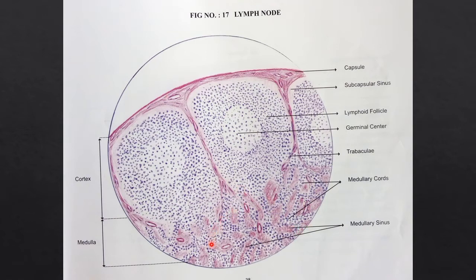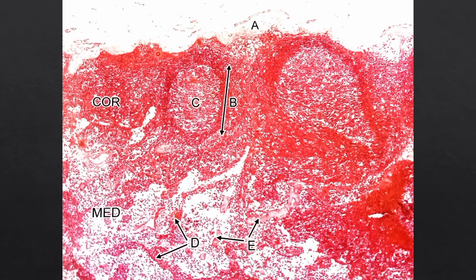And then at the medulla, we can identify the presence of the medullary cords. In the cortex, we can identify lymphoid follicles. And the entire structure is covered by the capsule. So those are the identification points of the lymph node. In a panoramic view, we can identify so many lymphatic aggregations, but here you can see that it is a small part of the lymph node.